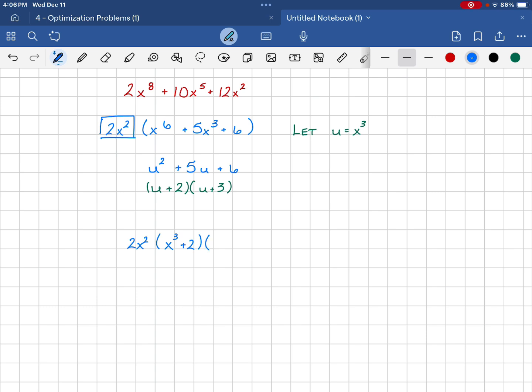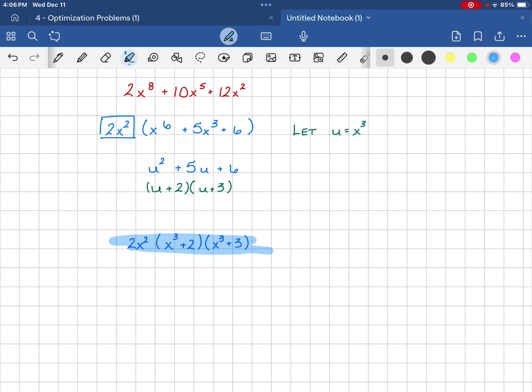And then u plus 3 will become x cubed plus 3. And this is our final factored form of 2x to the 8th power plus 10x to the 5th plus 12x squared.